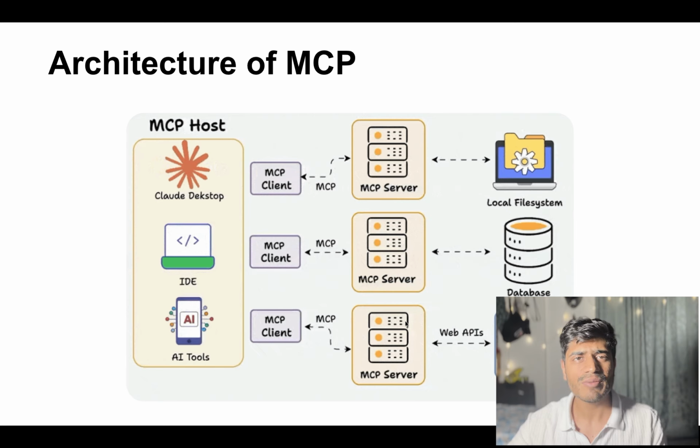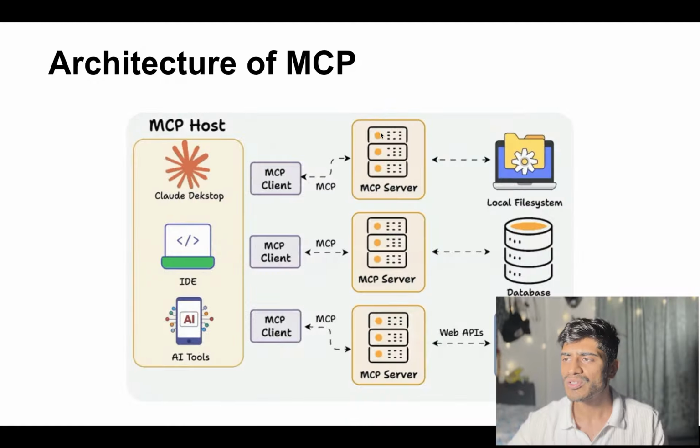As a developer, it's your responsibility to build these MCP servers, and then these MCP servers can connect to the downstream systems, right? They can connect to your local file systems, they can connect to databases, or to any service on the internet. It can connect to Slack, it can connect to your GitHub. It can connect to any downstream system, and the implementation is what you are going to provide in the MCP server.